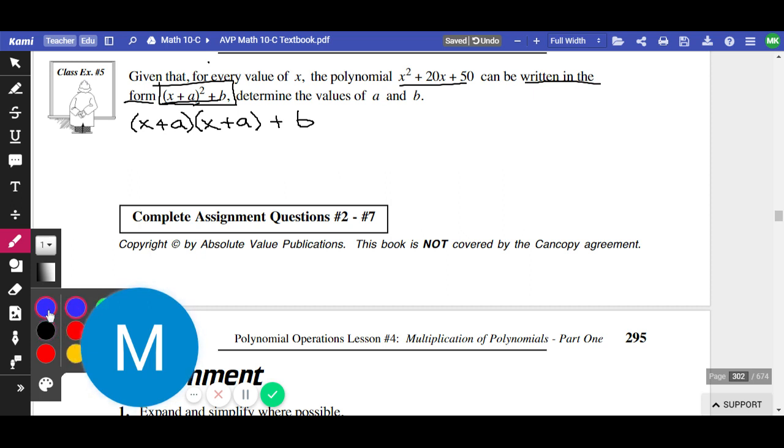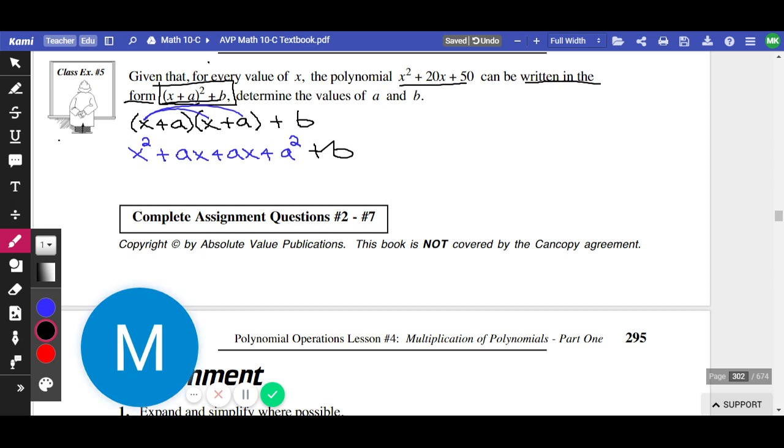When I multiply those two things together using distribution, I'm going to get x squared plus ax plus ax plus a squared, and then still have a plus b. I did that multiplication pretty quick, so I'll give you a chance just to write it down. But all I did was I multiplied my two binomials together, and then I have a plus b at the end.